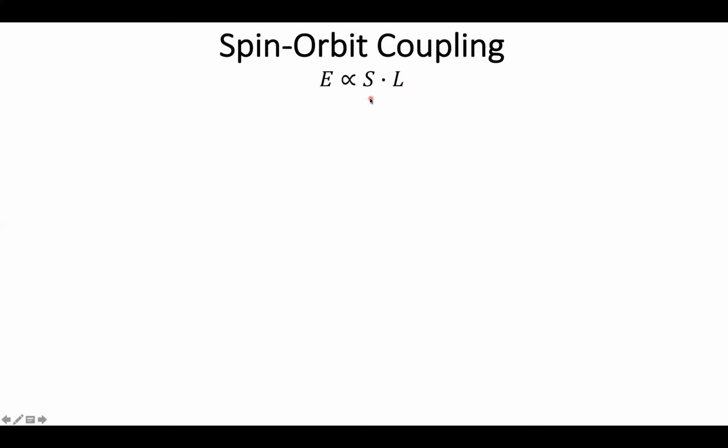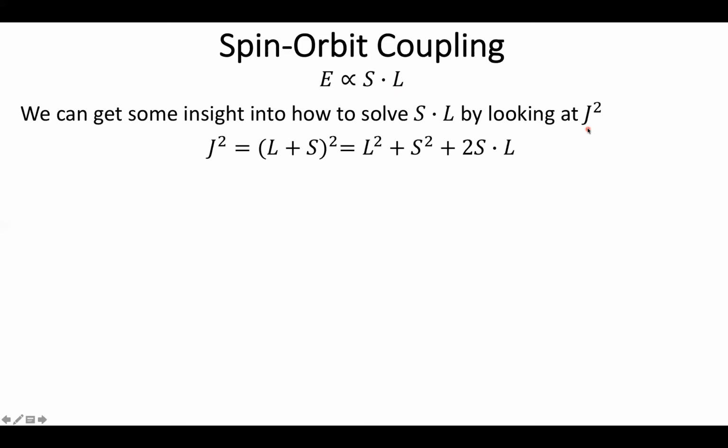It turns out we can get this by bringing in J squared, where J is our total angular momentum, which we know is simply equal to the orbital plus the spin angular momentum terms. So the total angular momentum squared is simply the square of the sum of orbital and spin angular momentums. And this means that we can then FOIL it out.